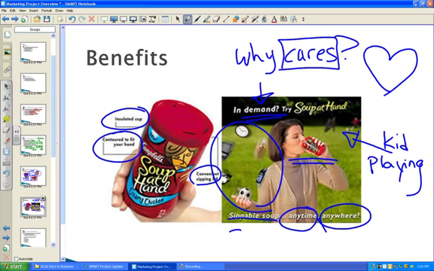This consumer knows that on a daily basis, she needs to be super mom. How many of us haven't felt that way, super mom or super dad? So the benefit of this product is you can take care of yourself and never slow down.